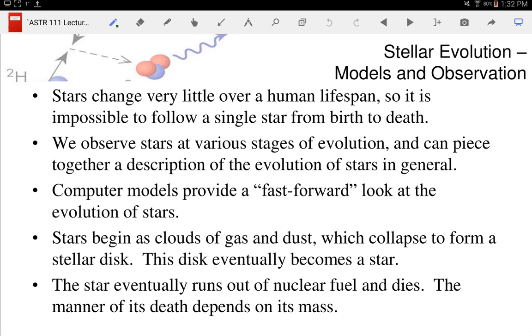Okay, moving on. We still haven't finished talking about the evolutionary pathway for a star. So this graphic, which is an extremely busy graphic, is laying out how we believe stars, not this one, the next one, how stars live and die. We can't see a star go through its lifetime.